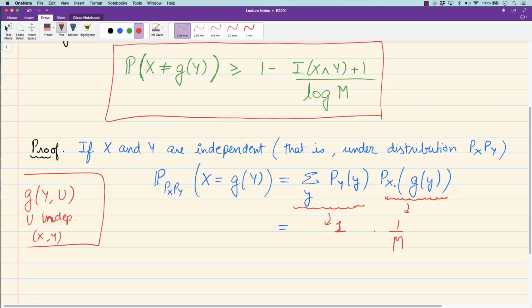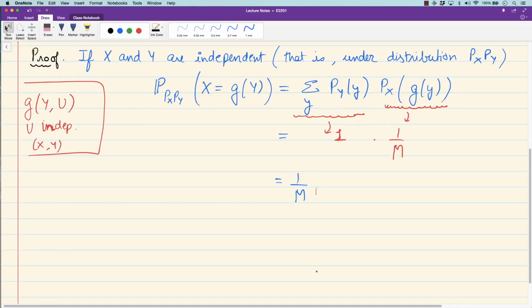So if X and Y are independent, which is why we were able to split it this way, this probability of correctness is exactly 1 by m, no matter what g you use. And this is very believable because X and Y were independent.